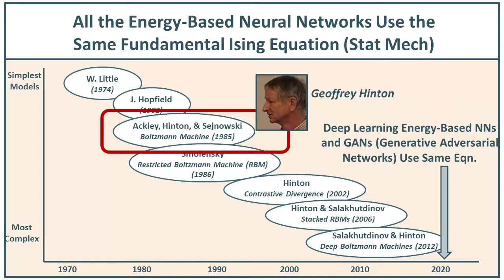Later, William Little came up with the original notion, and then John Hopfield embellished on it in 1982, and then Geoffrey Hinton, this is his big contribution. This is 1983, and he was publishing, Ackley was the lead publisher, but it was really, I believe, Hinton's genius here. Terry Sejnowski, another brilliant mind involved.